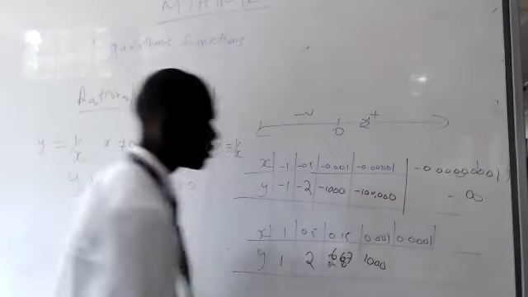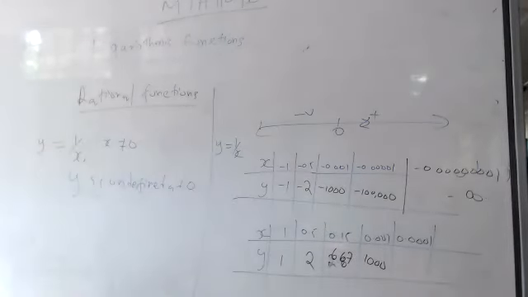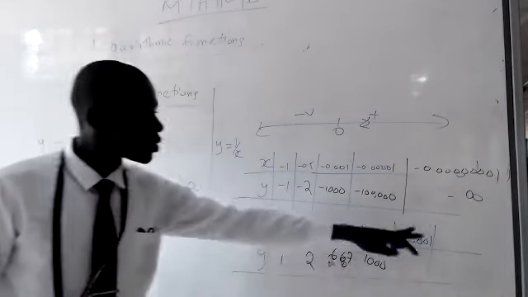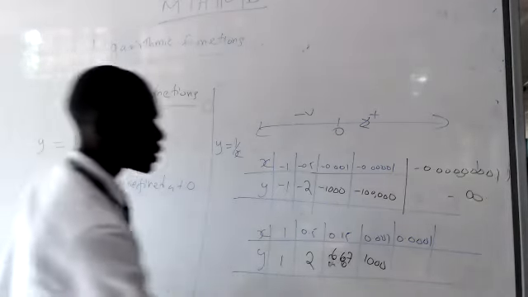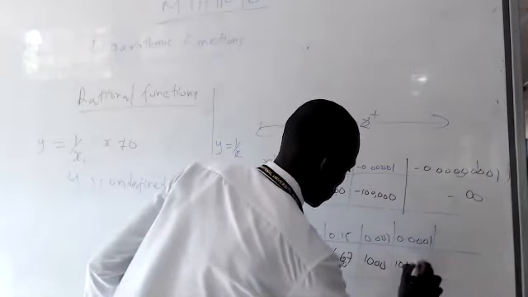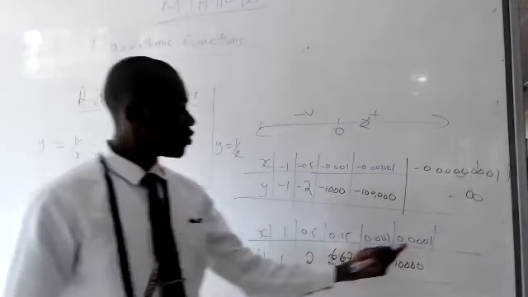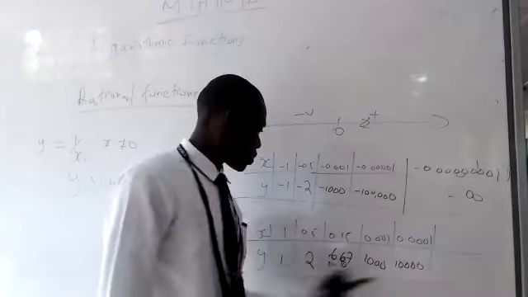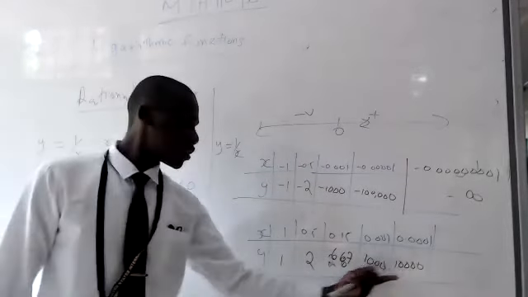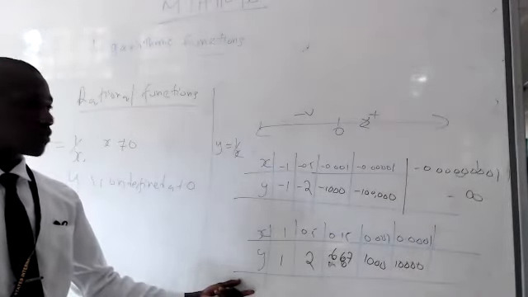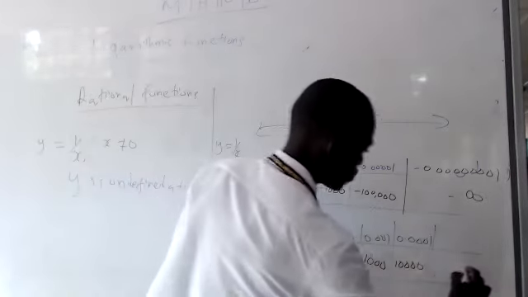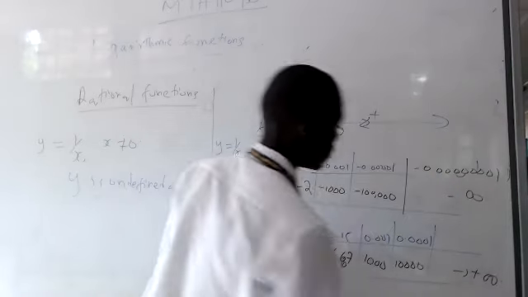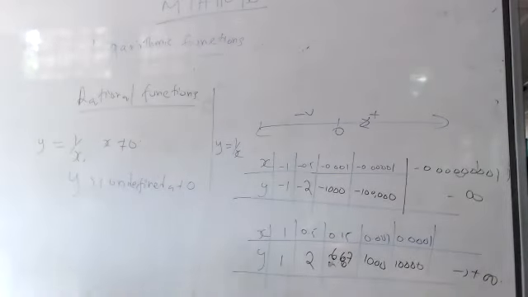How about this one with 3 zeros? 10,000. What can you guess? As you move closer and closer to 0, what happens to this pattern down here? Increasing to infinity. This one is going to plus infinity. So at 0, it will not be defined.